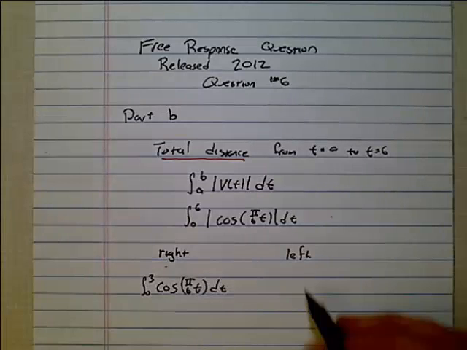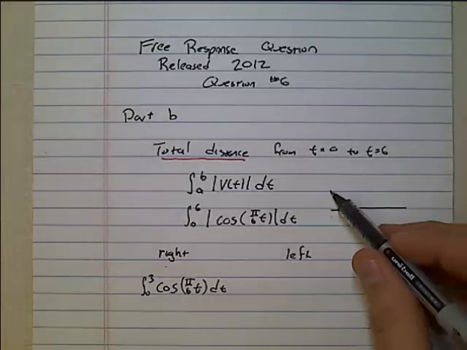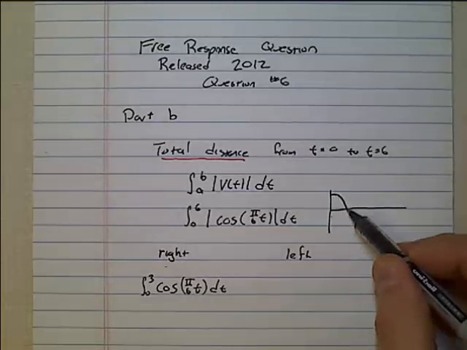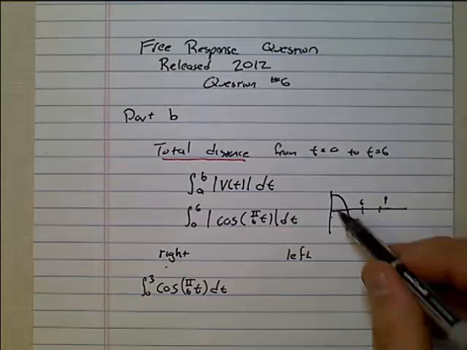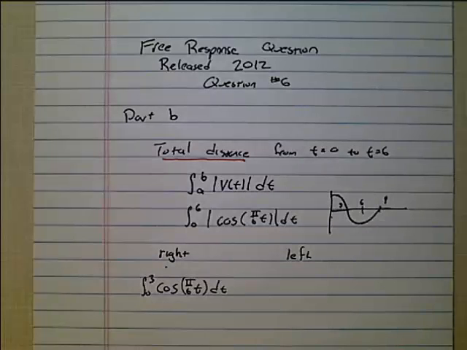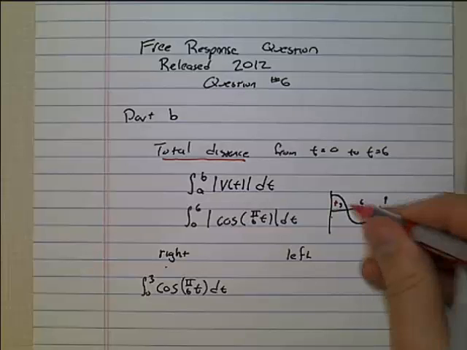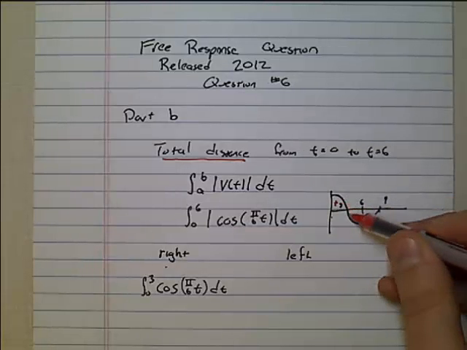But then when I'm moving to the left, see what's really going on here is I have a sinusoidal function that starts out positive and then goes negative. And this is 6, and of course our 9 is over here and our 3 is here. So what's really going on here is we're moving to the right and then we're moving to the left. So we need to add this integral and subtract this one.